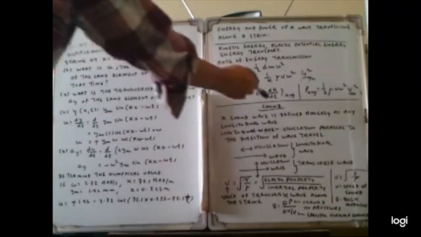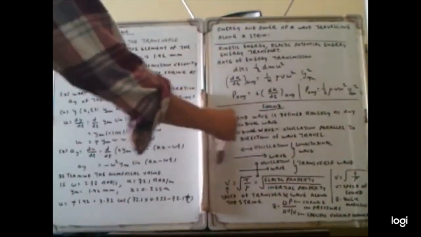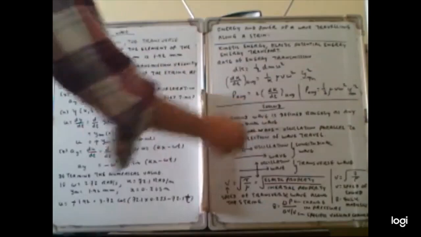Okay, so that's all that we saw in this problem. Sound wave is defined roughly as any longitudinal wave. A wave can be a longitudinal wave. So wave traveling this way, with particles oscillating this way, this is a longitudinal wave.